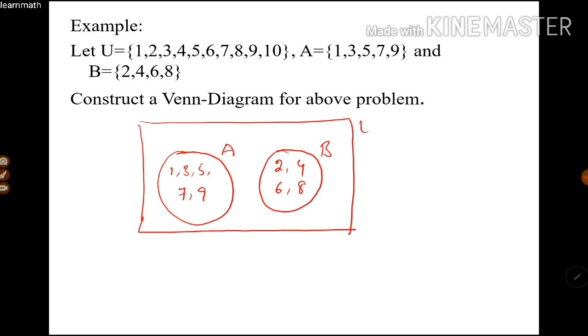This is the universal set. Here notice that the universal set U has an element 10 which is not included in the sets A and B. So we will take that 10 outside of the two sets A and B. So this is the required Venn diagram for the given problem.